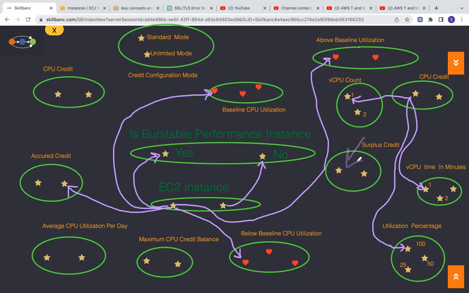It will spend everything here, and after spending that, it will start spending from here, and then it will do some average calculations and finally settle the bill, whether you spent extra or not. So that is unlimited. You can set it up as either this mode or this mode.